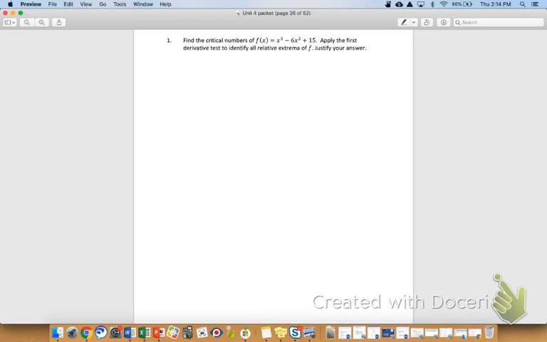So if we're looking for that, shouldn't we find f prime first? So, a couple of power rules. f prime equals 3x squared minus 12x. Let's take an educated look at this. Is there any place where f prime won't exist?